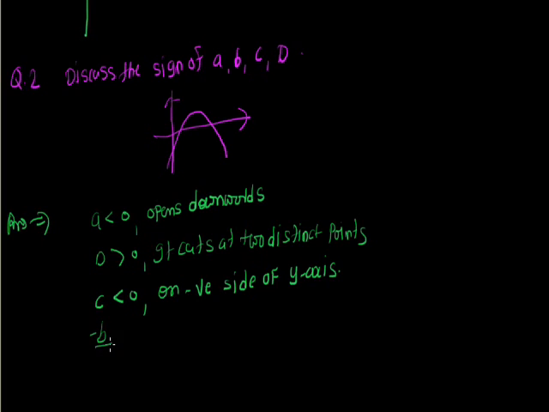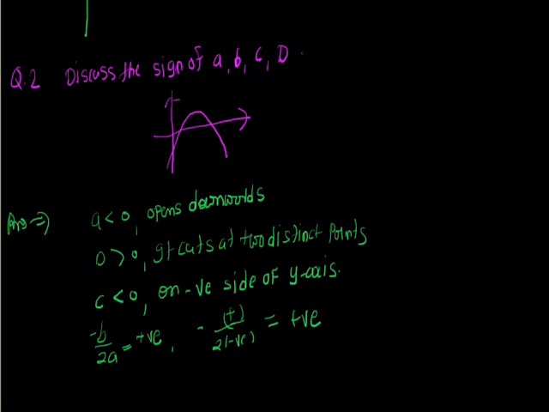Then we finally come to the sign of b. Minus b upon 2a lies on the positive side of the origin, so minus b upon 2a is positive. Now for this quantity to be positive, since 2a is negative, the negatives cancel out, so definitely the sign of b must be positive. Then only can we say this overall quantity is positive.